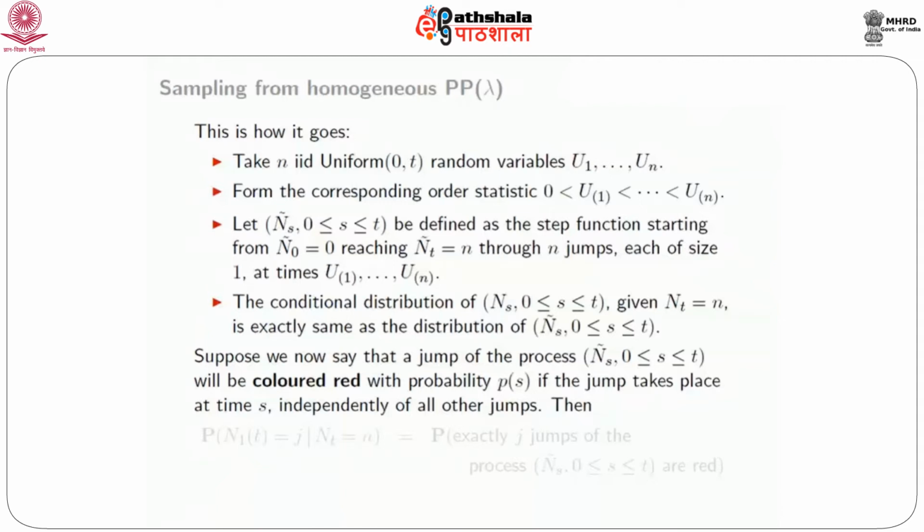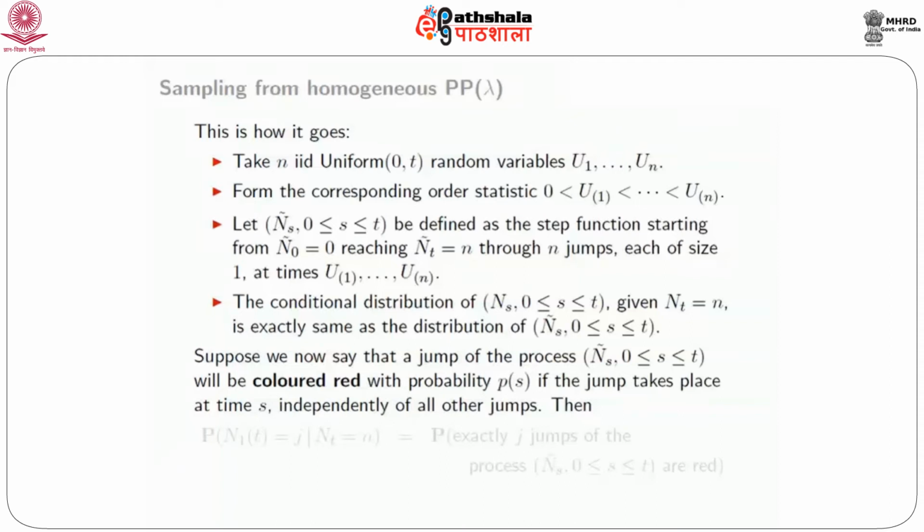Suppose now we remove our attention from the conditional process N_s for s between 0 and t given N_t equal to n, and instead look at the process N tilde_s for s between 0 and t, which resembles in distribution the conditioned process.